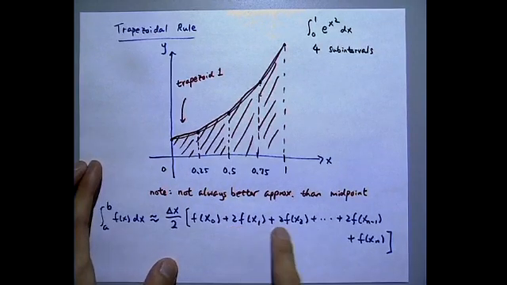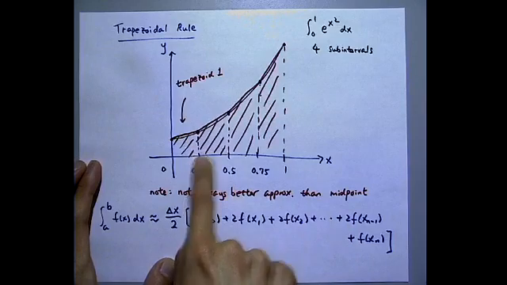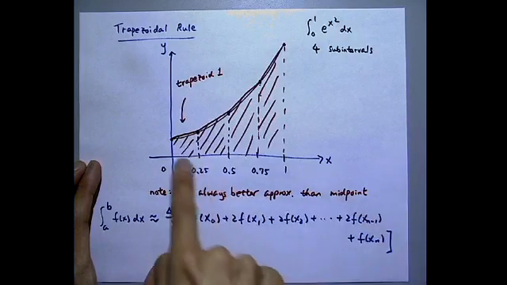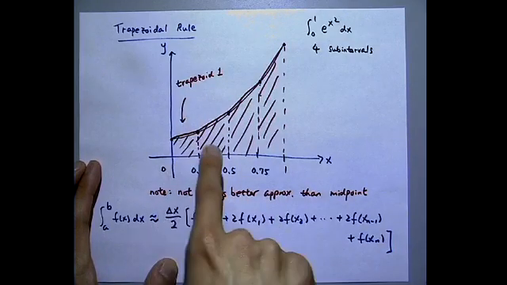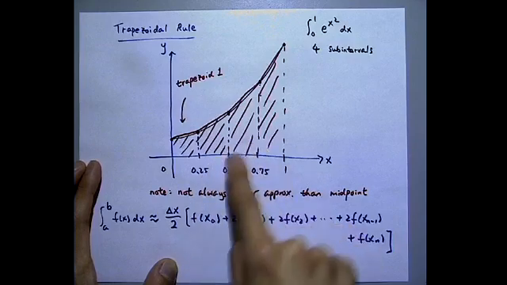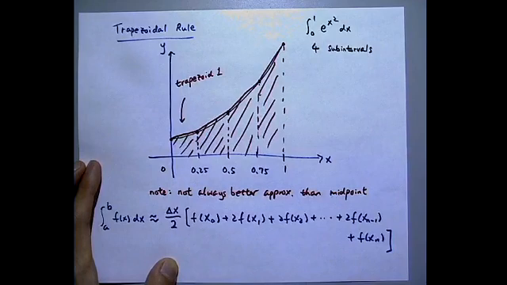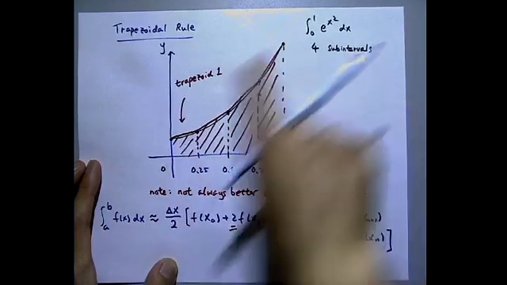You see these 2's all over the place because the side that's between two trapezoids is used twice. Used once to calculate the first trapezoidal area, and then again the second one, the third one uses this one twice, and so on. Every single one has 2 except the first and the last boundary points.